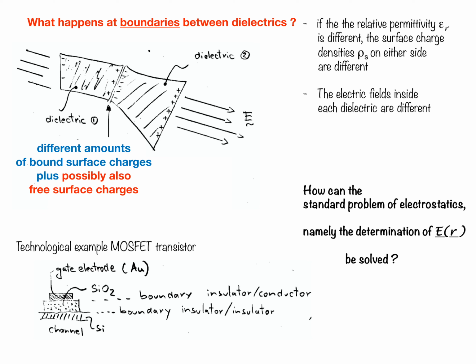The voltage and charge that is placed on the gate electrode is typically well known. How can the standard problem of electrostatics, namely the determination of the electric field strength E in the insulator and then also in the semiconductor, be solved?